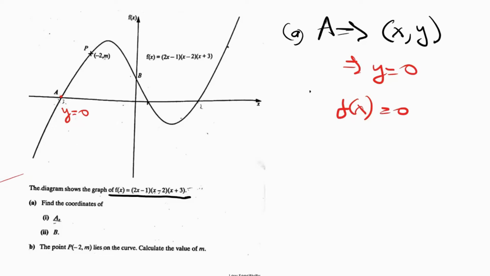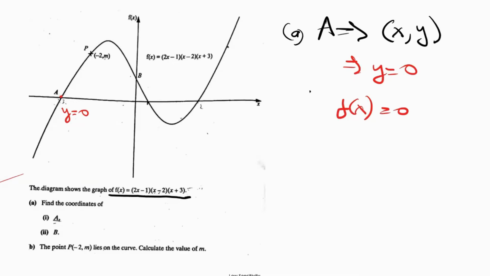So here we can go to this next page. So we know that f of x is equal to, let's take a look, (2x minus 1)(x minus 2)(x plus 3).